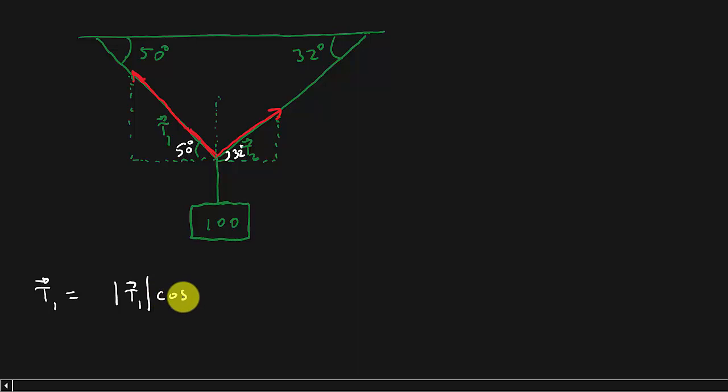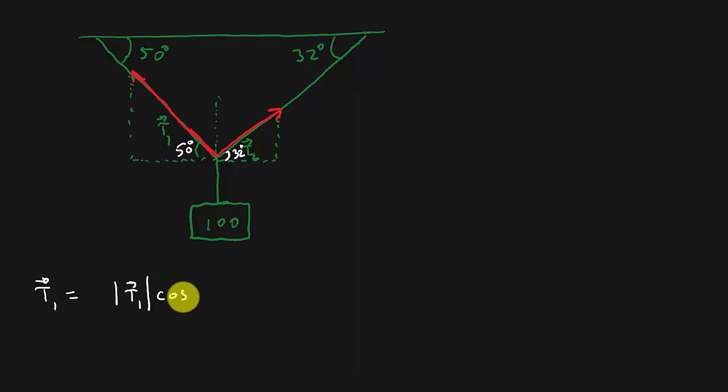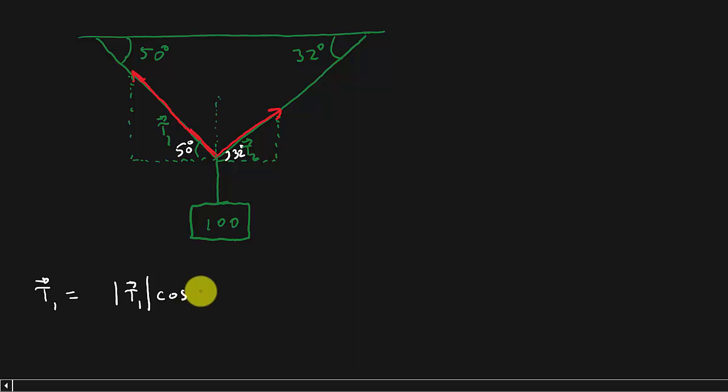This is going to be your horizontal component. Times the cosine of what angle? Of 50 degrees, this angle right here. Now notice I left a little space here, and that's going to be negative.